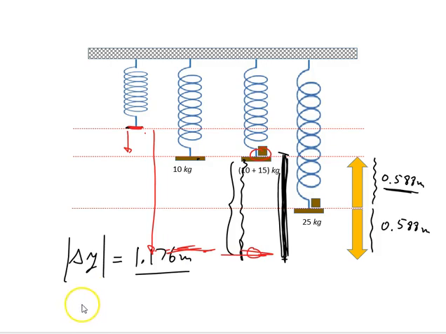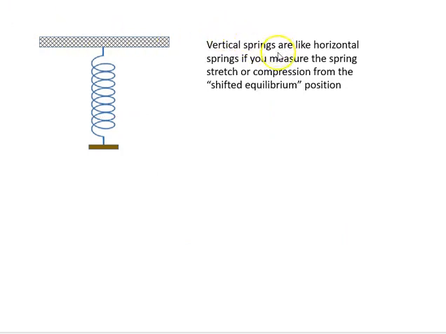And if you were to try to do an energy balance, conservation of mechanical energy, you would have lots of terms, and you would end up needing to solve a quadratic equation. We did this problem in class, but again, for this video, the takeaway is that vertical springs are basically horizontal if you find the shifted equilibrium position and count only the spring force or energy from that shifted location. Okay, that's that.